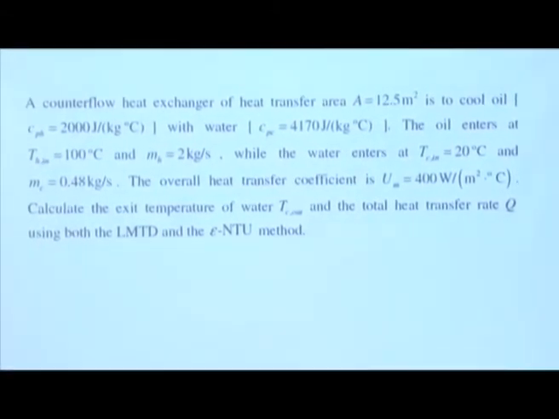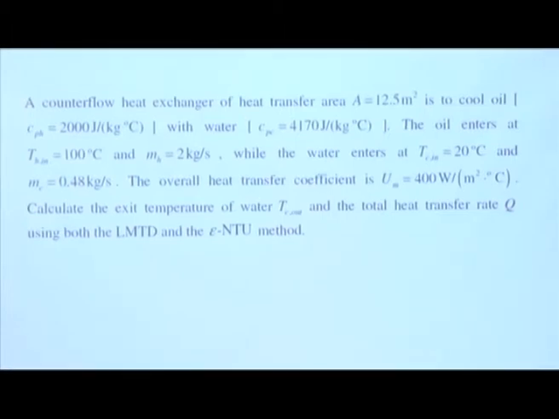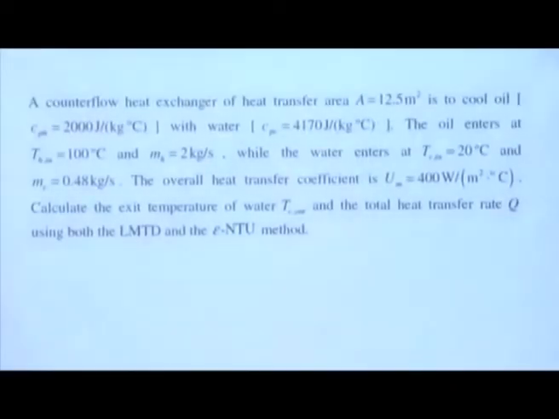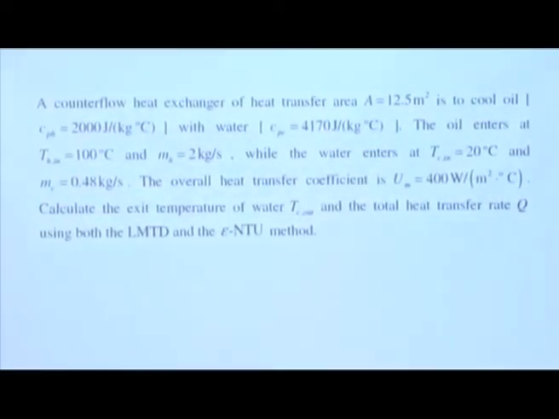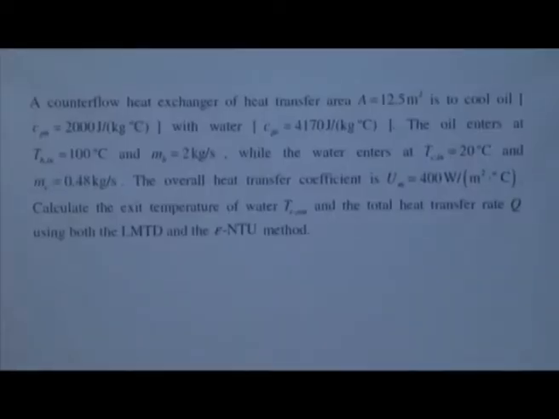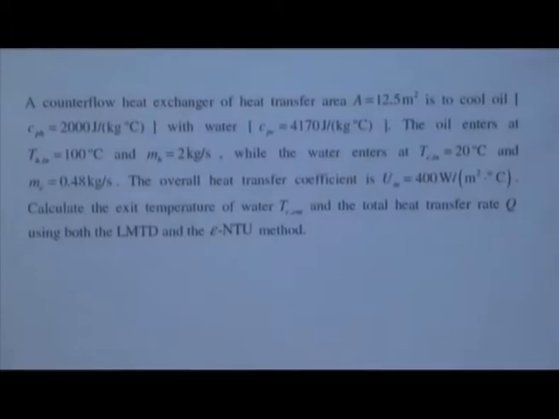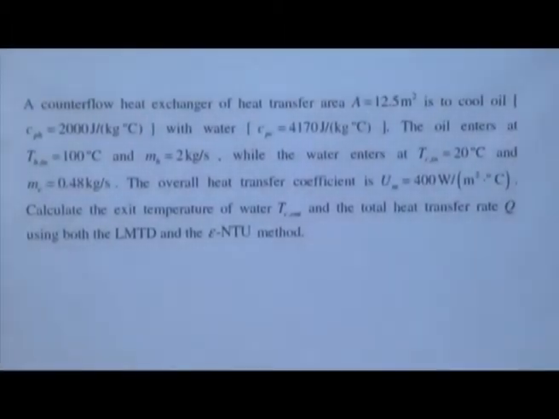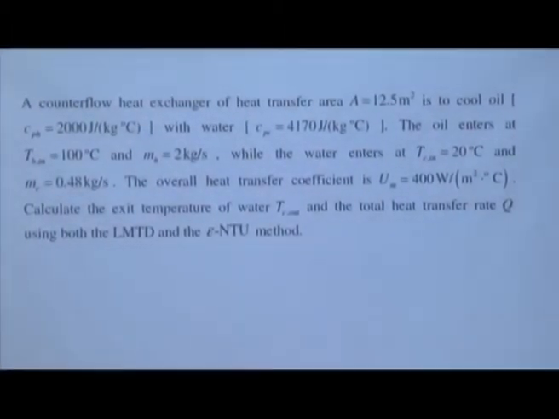Now oil is the hot fluid and water is the cold fluid. The oil enters at 100 degrees Celsius. That means in our nomenclature TH1 is 100 degrees Celsius. Here it is written TH in. And the flow rate of the hot fluid, that is oil, is 2 kg per second, while the cold fluid enters, that is TC in, which is in our nomenclature TC1, at 20 degrees Celsius. And the cold fluid flow rate mC is 0.48 kg per second.